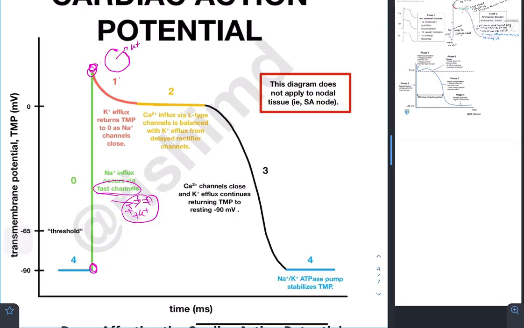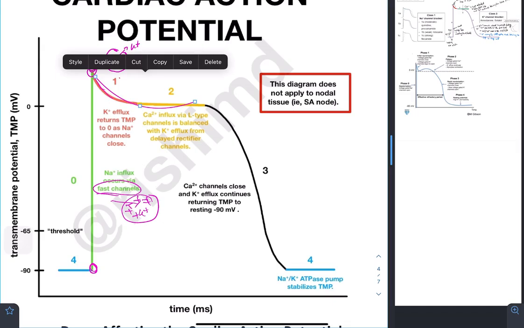And when potassium starts leaking out, the membrane potential starts dropping. From above 0 it starts dropping, and you can see this slope. But at the same time, it hits a plateau. How?